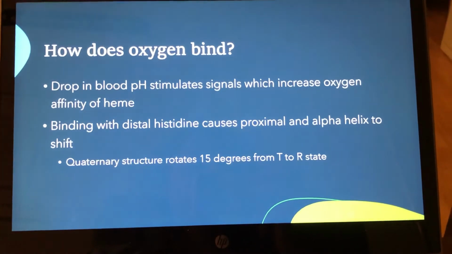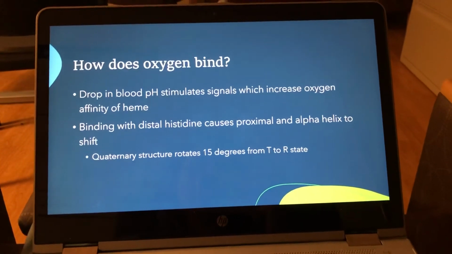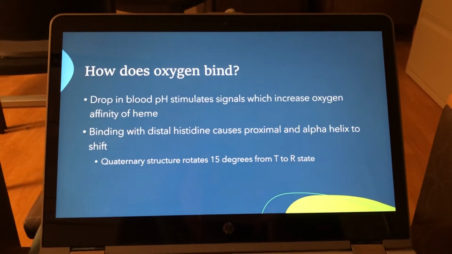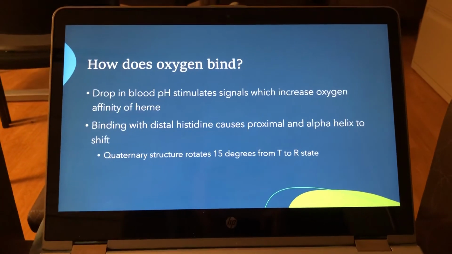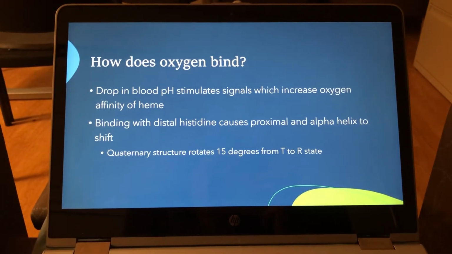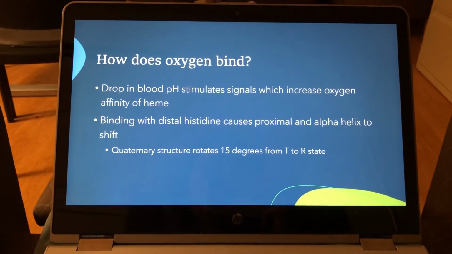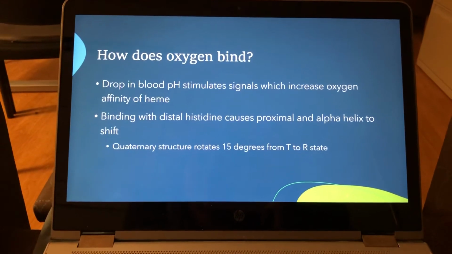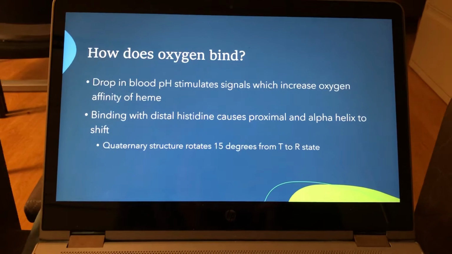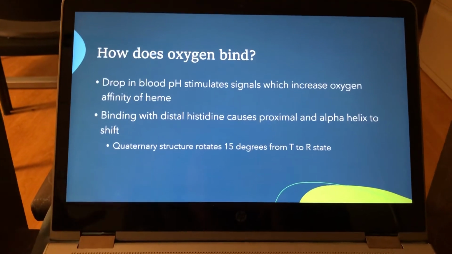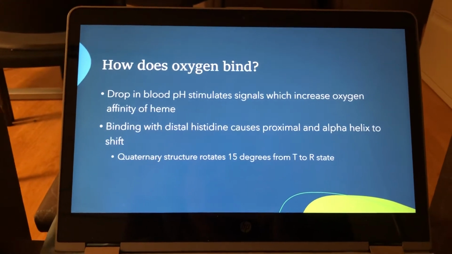Now, to go into the actual details of what's going on there, you initially start with a drop in the blood pH. This will stimulate numerous signals, which we'll talk about momentarily, and cause an increase in oxygen affinity of the heme. The heme is going to start picking up more oxygen molecules and binding with them, like we just talked about with the iron reducing in size and snugging in. That's all due to the oxygen being picked up.